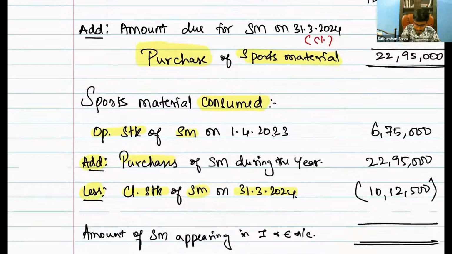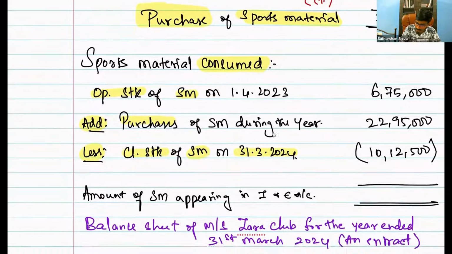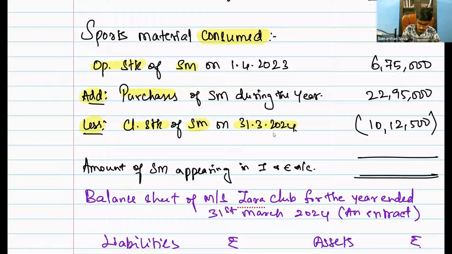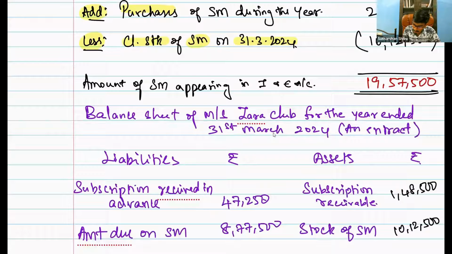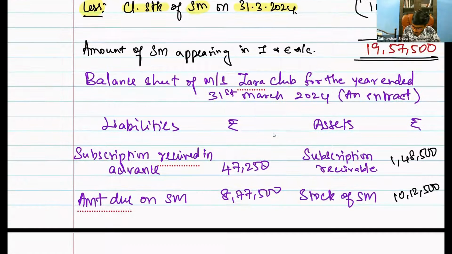From that, I will subtract the value 6,75,000 plus 22,95,000 minus 10,12,500. If you do, it will come to 19,57,500. This is done. Then what you need to do is the balance sheet of the Zara Club. This is your current year pre-received.